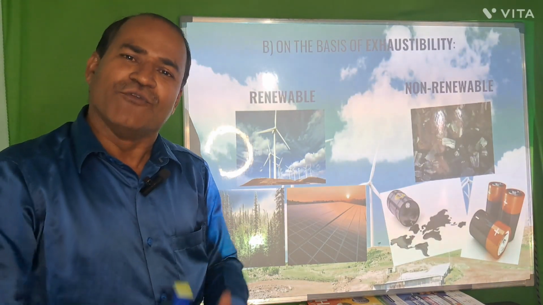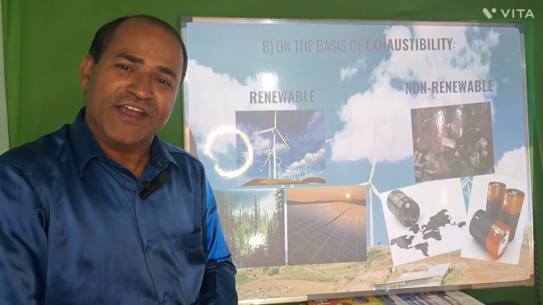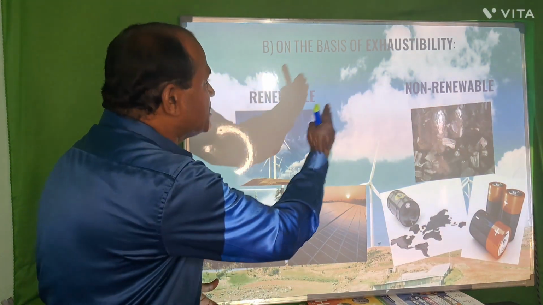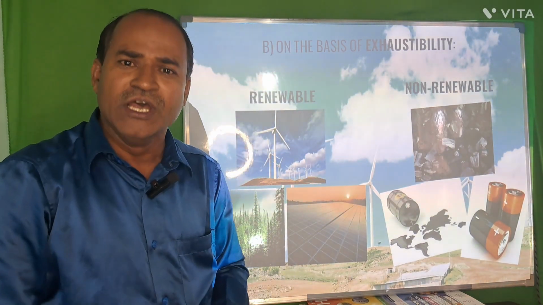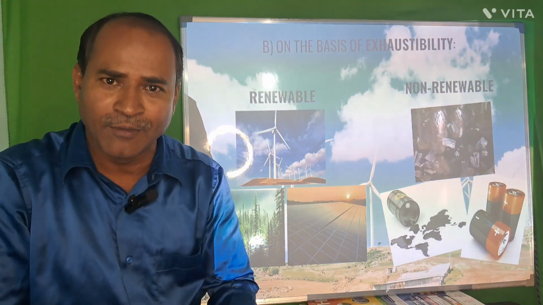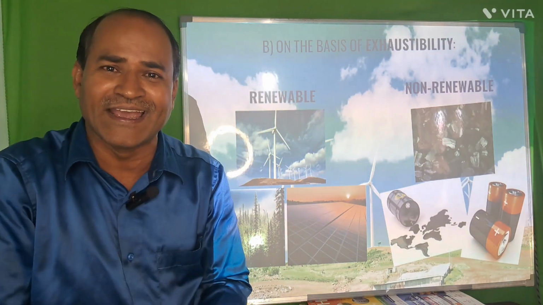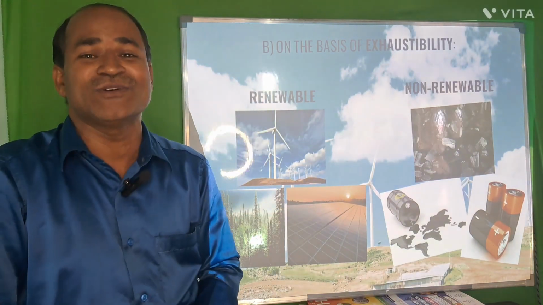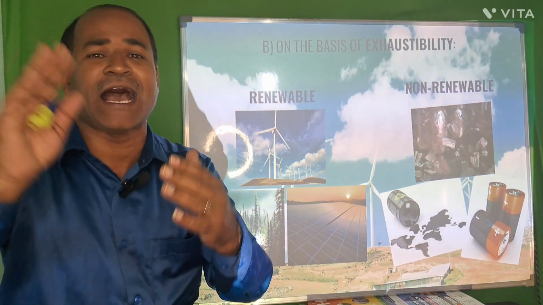Okay, students, we have one more classification of resources. There are renewable resources and non-renewable resources. Resources which we keep on using again and again and which are not exhaustible are renewable resources. You can use them many times.